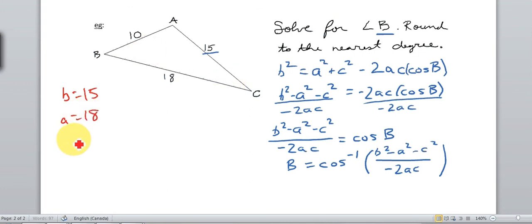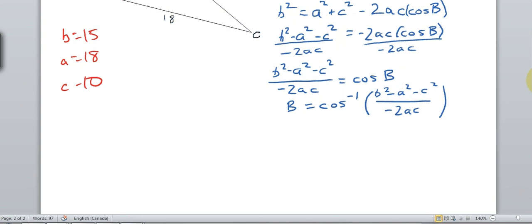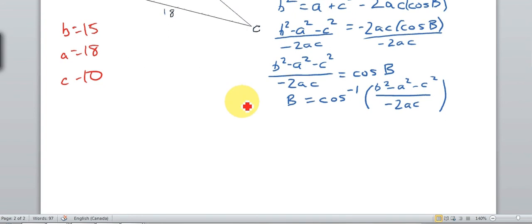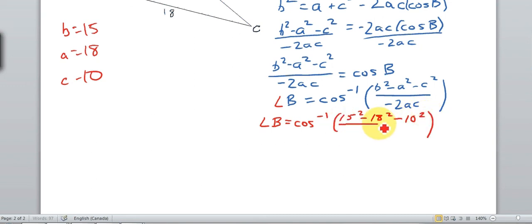So angle b, let's put an angle there so we know we're looking at angles, is the cosine to the negative 1 of b squared, 15 squared, minus a, which is 18, so 18 squared, minus c squared, all of that over negative 2 times ac, so 18 times 10. Again, this looks really complicated, but if we're really neat and tidy with our algebra, it should come out all right.